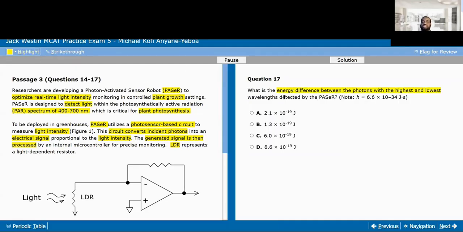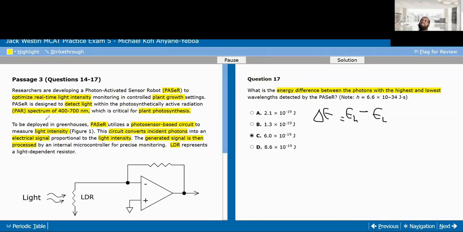Okay, so the question now, they're giving us Planck's constant. So the first question we ask ourselves, do we have the wavelengths anywhere, right? And they're asking for energy difference. What is our formula for the energy, right? We wrote the energy difference, the change in energy, is going to be my energy for high minus my energy for low.